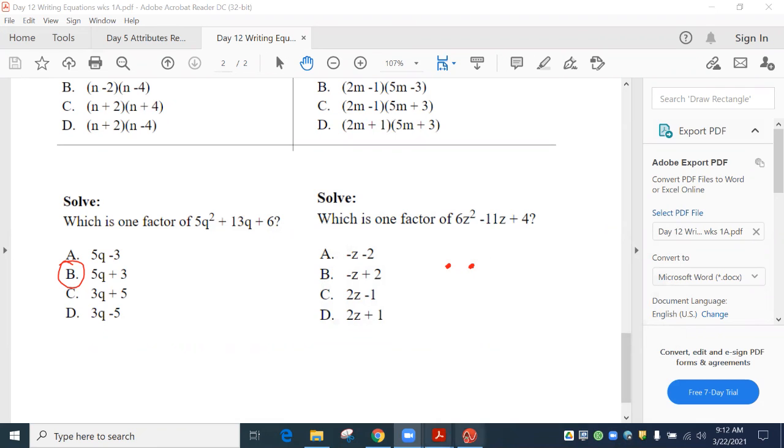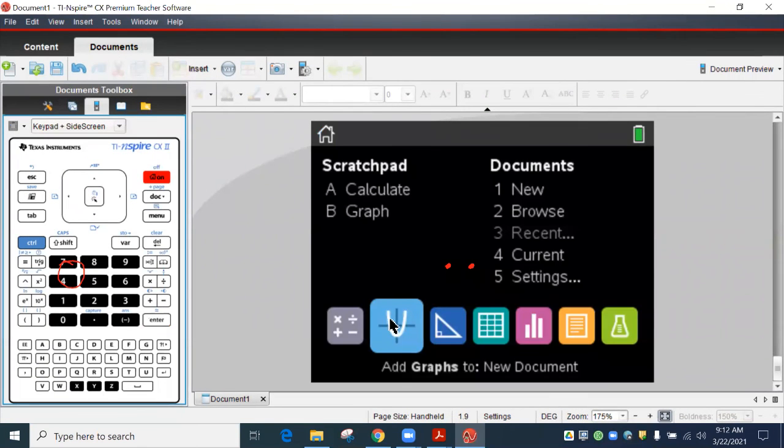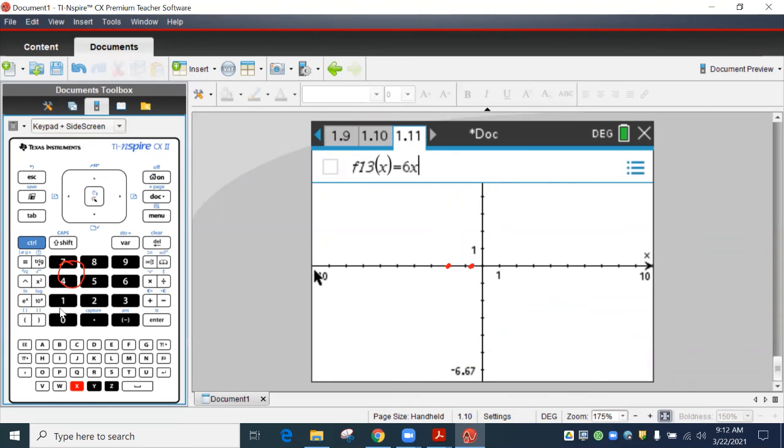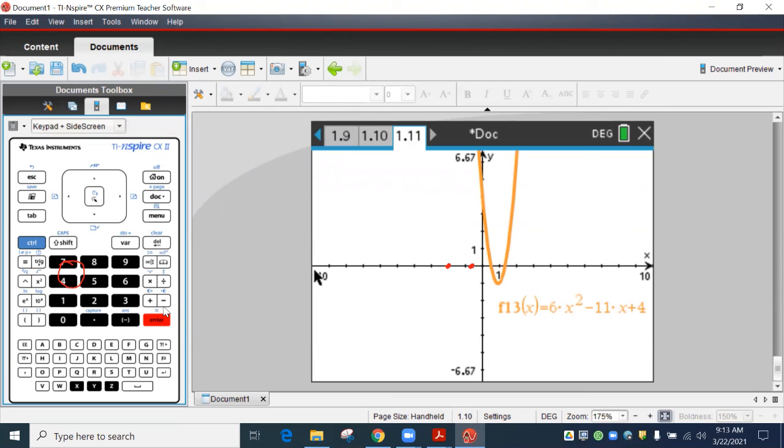All right, we're going to type this one in now. So we're going to start a brand new graph. We've got 6x squared minus 11x plus 4. Now, I will tell you the downside to this is if you're doing a worksheet in class and it's not multiple choice, this little trick doesn't help you.